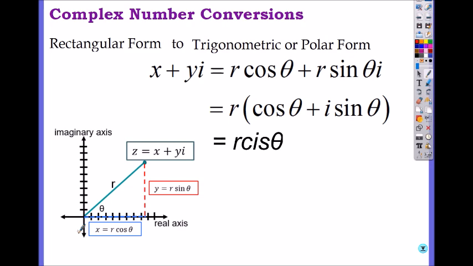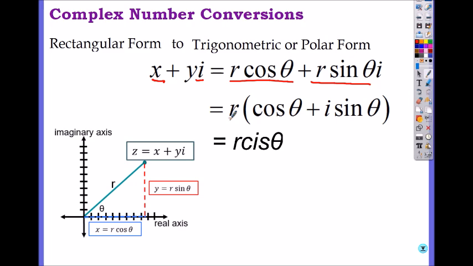So from rectangular form, which is x plus yi, equals, what is x? R cosine theta plus i, the imaginary number. Y is what? R sine theta. So you have r in common, so you can take out r.